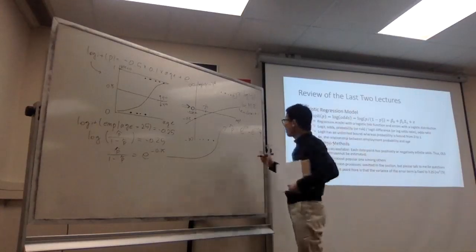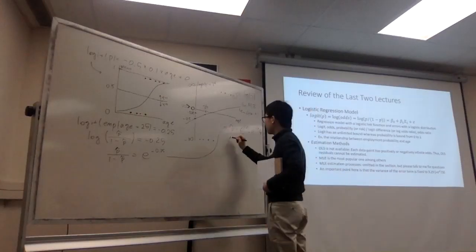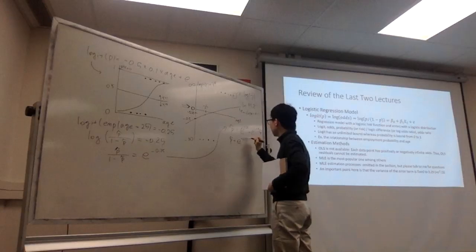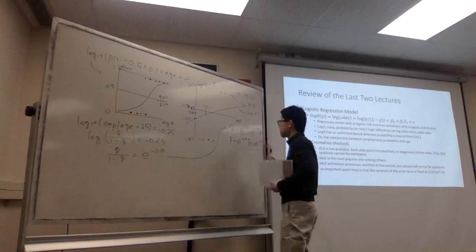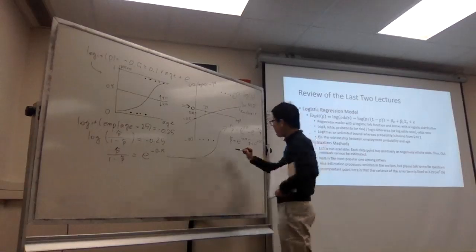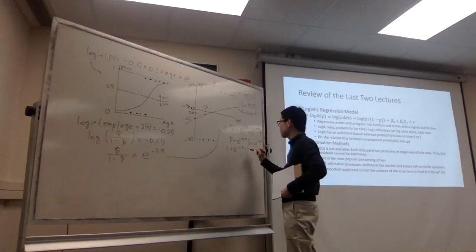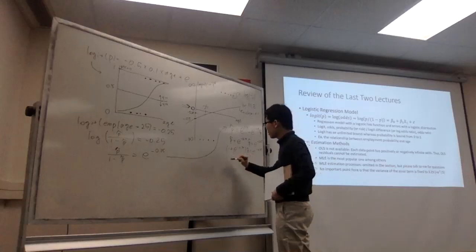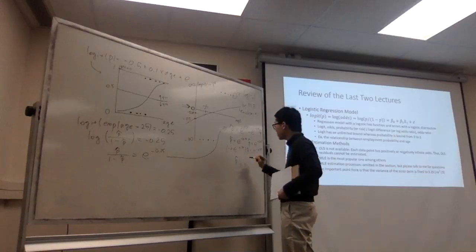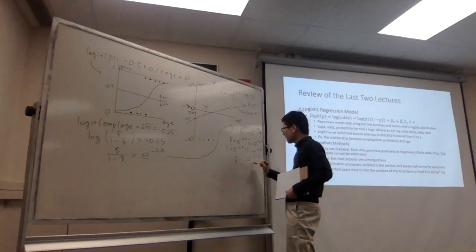And if you move this part to the other side of the equation, then it becomes this one. And this is the same as this one. As a result, p hat becomes e to the negative 0.25 over 1 plus e to the negative 0.25.